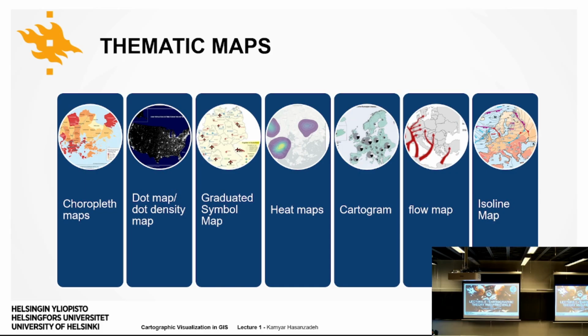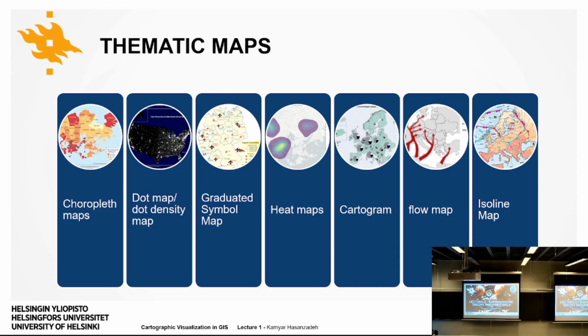So thematic maps, this is the classification that you have probably seen in other courses, and you see it in cartographic books. We have choropleth maps. This is a very common kind of map that you see. We have dot maps or dot density maps. The number of dots, the density of the dots would represent something, for example, very often population somewhere.